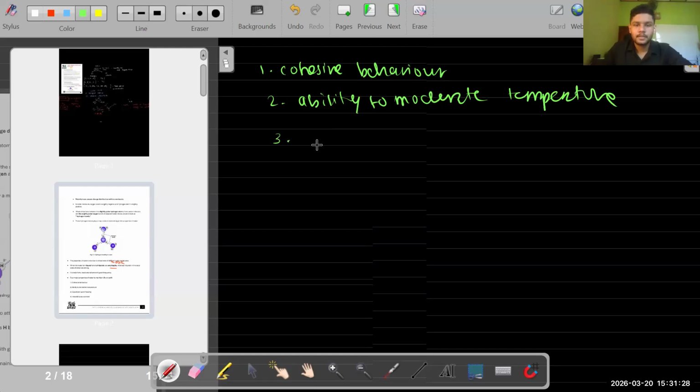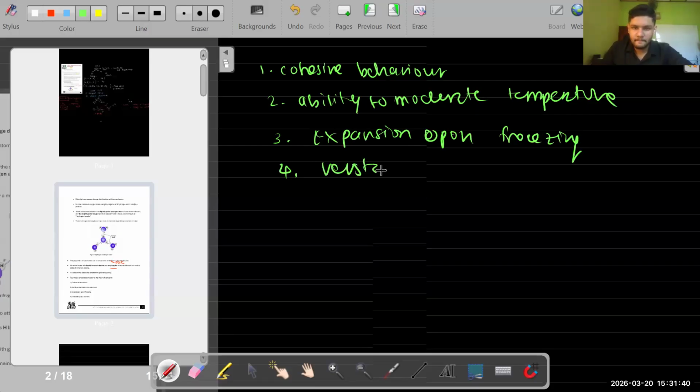Third one, expansion upon freezing. Fourth one, versatility as a solvent, right? Cohesive behavior. Let's go with the note.